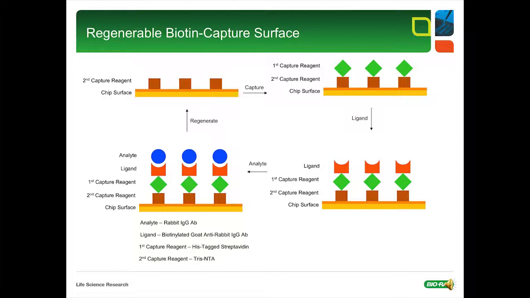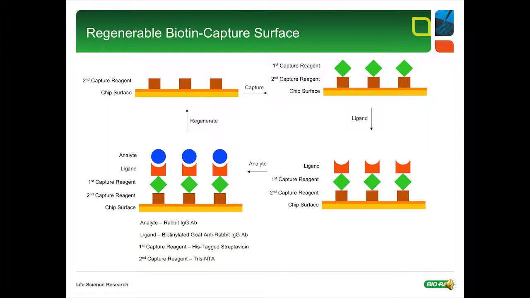So what we did was we used the ProteOn HTG and HTE sensor chips, which contain tris-NTA surface chemistry. And the tris-NTA surface can very strongly bind his-tagged proteins so that you will not be affected by the baseline drift normally observed with his-tag captured surface.